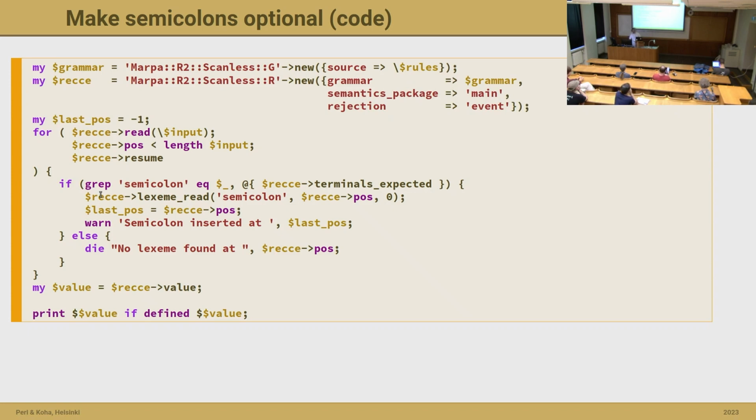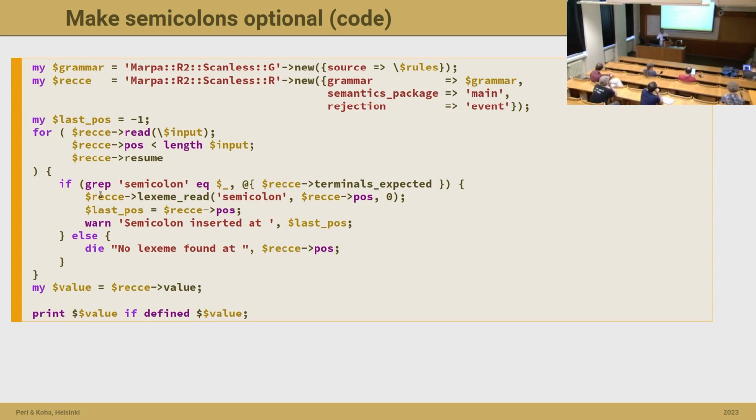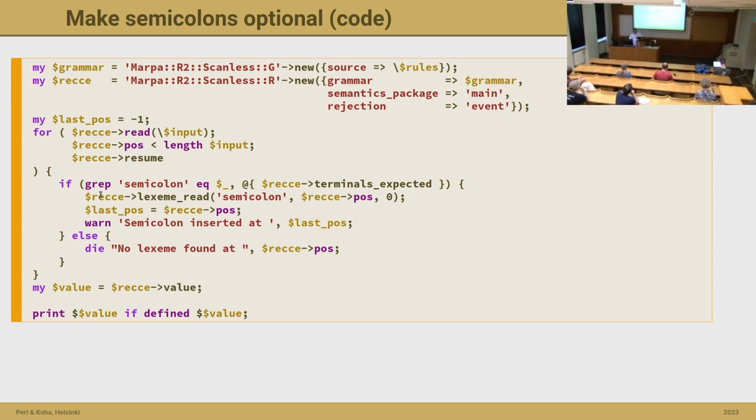And we ask whether semicolon was expected. There is this terminals expected method, which just returns an array reference of the expected terminal symbols. And we can tell it, read this as a terminal symbol.